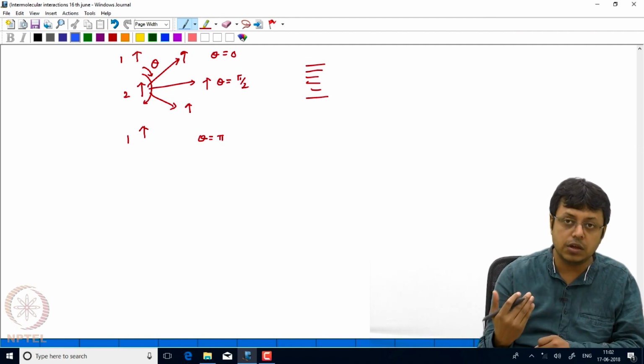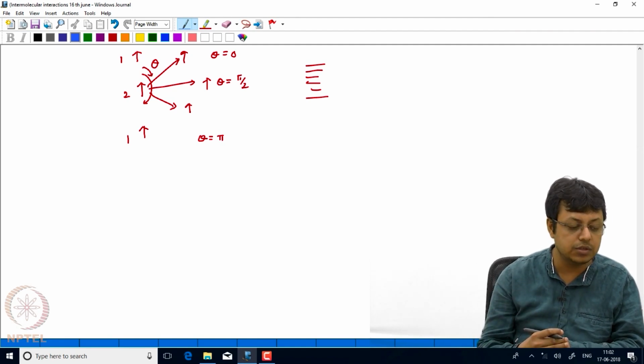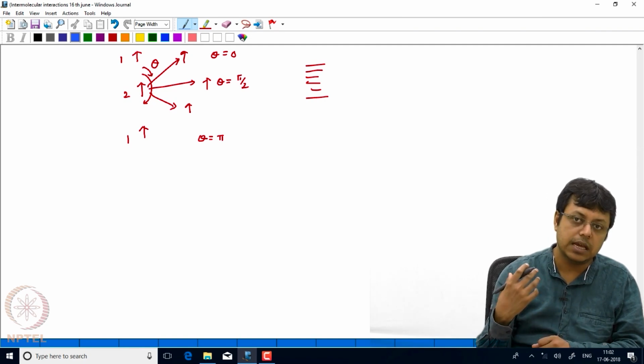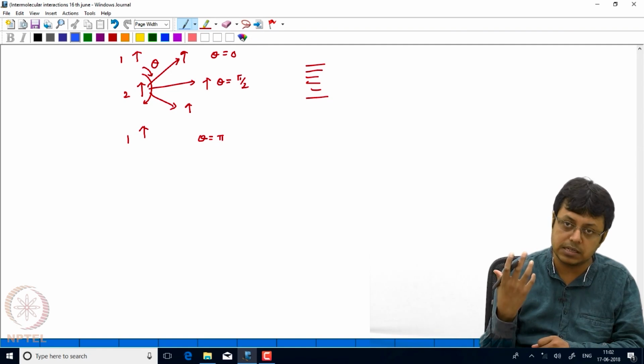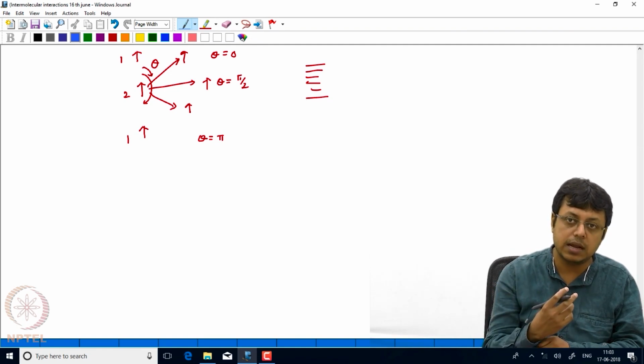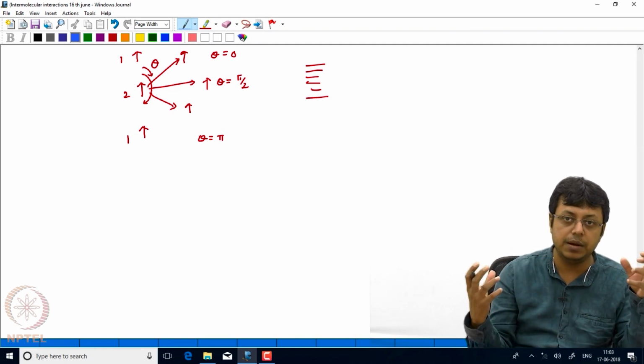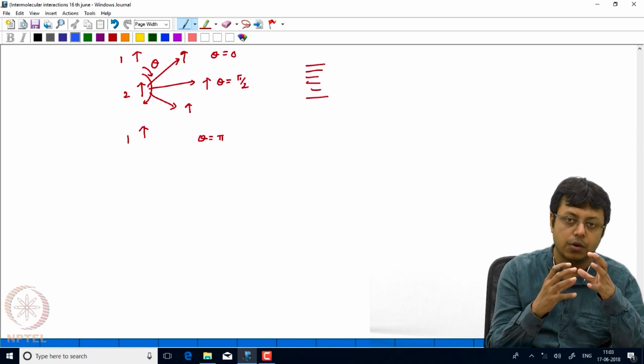Now you can also have a dipole-induced dipole kind of interaction. For example, suppose I have water and I have benzene. Benzene is a non-polar molecule, it doesn't have a permanent dipole, but water has a permanent dipole. So when I bring water and benzene together, what will happen?